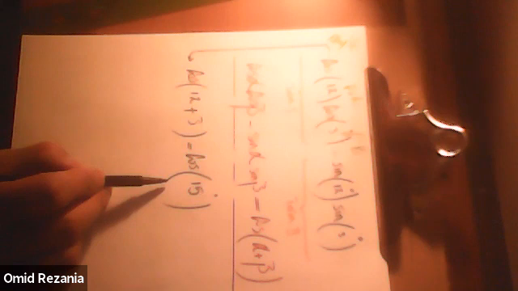But guys, look at that. Should I continue further? What is cosine 15? How much is that? It is square root of 6 plus square root of 2 over 4.